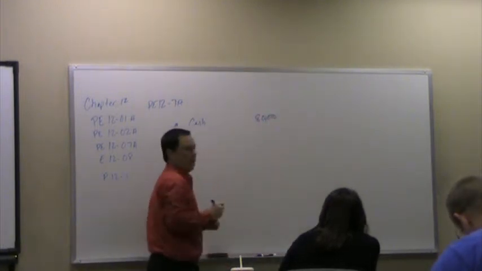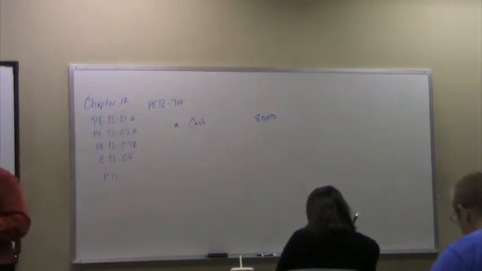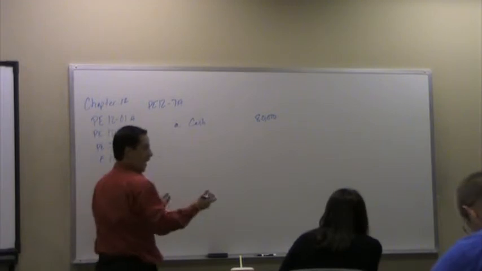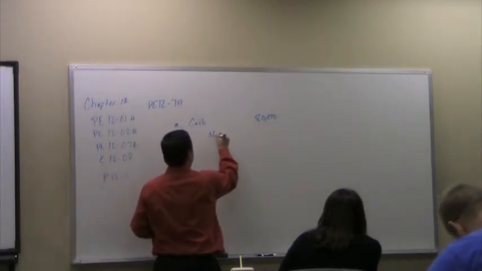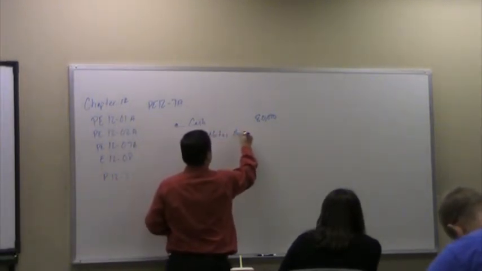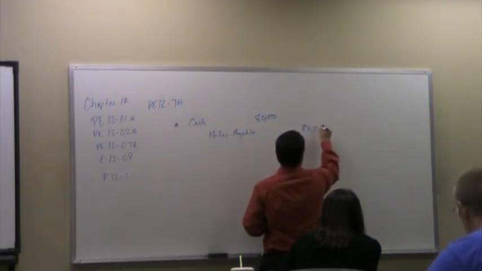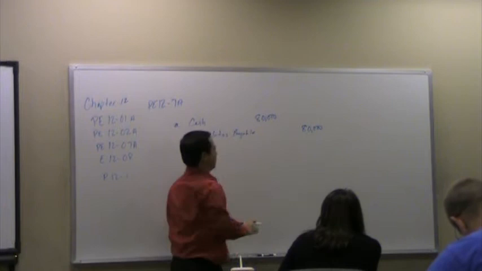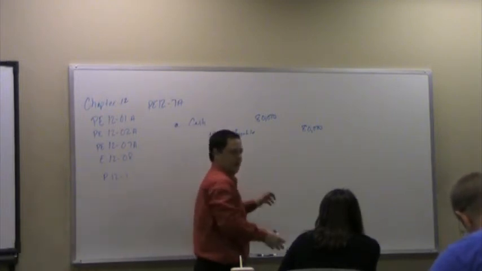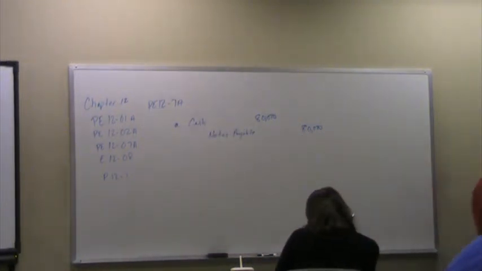What are we going to credit? Notes payable. Because we have that obligation, that liability, we now owe them money. So again, we debit our assets, and we're creating a liability.